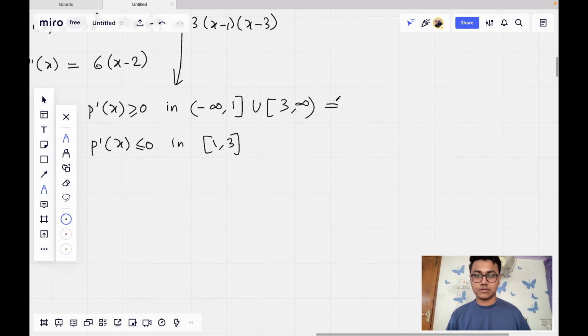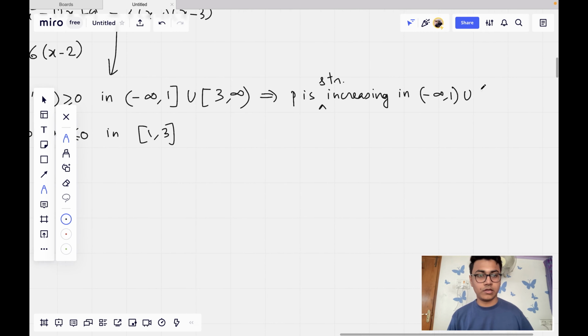This just means that P is strictly increasing in minus infinity comma 1. Here I'm keeping 1 open, I'm not including 1, and I won't include 3 as well.